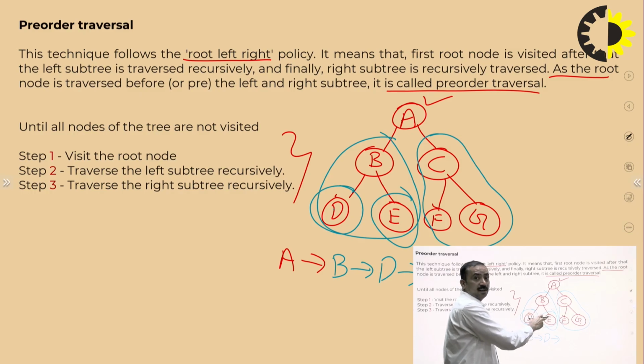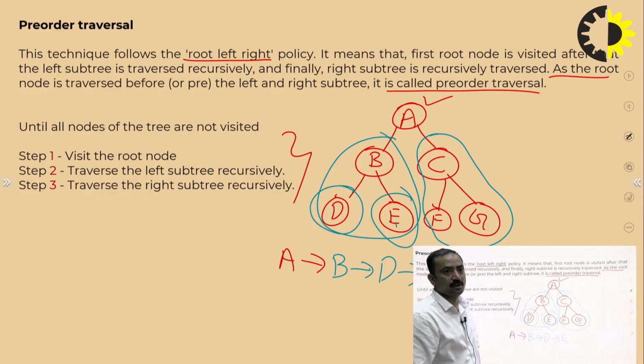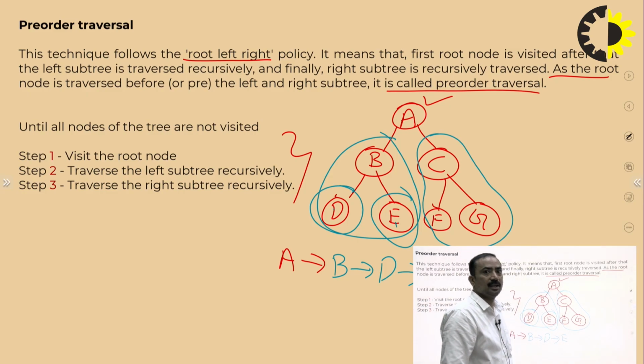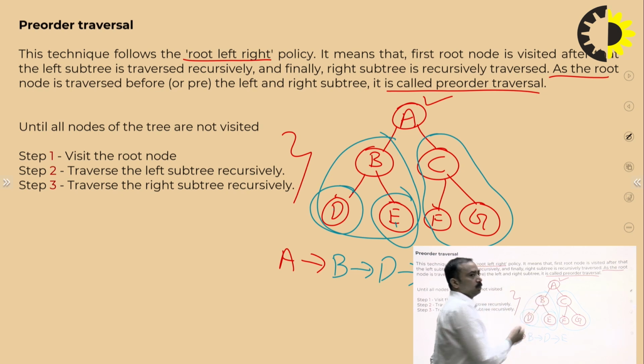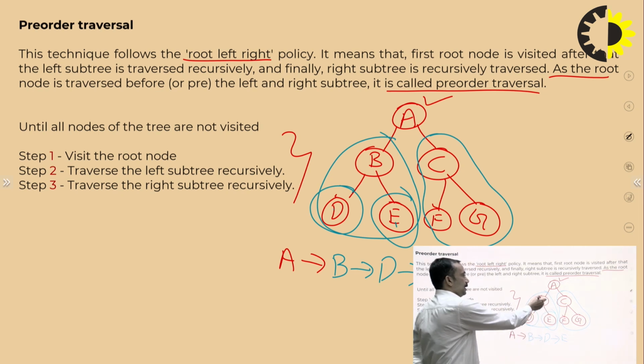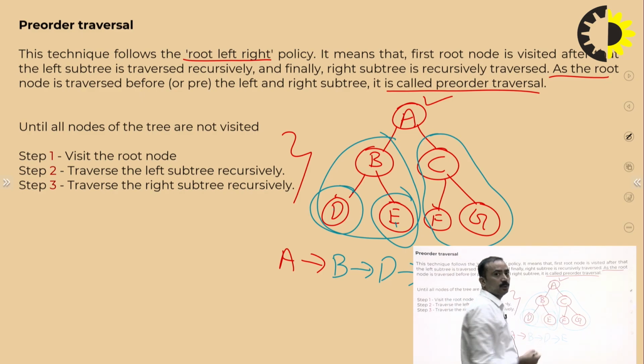Now it is the turn of the right subtree, so we visit E and check the children of E. There are no children of E; left and right subtrees are both blank. So we go back to B, whose left and right subtrees are visited, and then recursively go back to A.